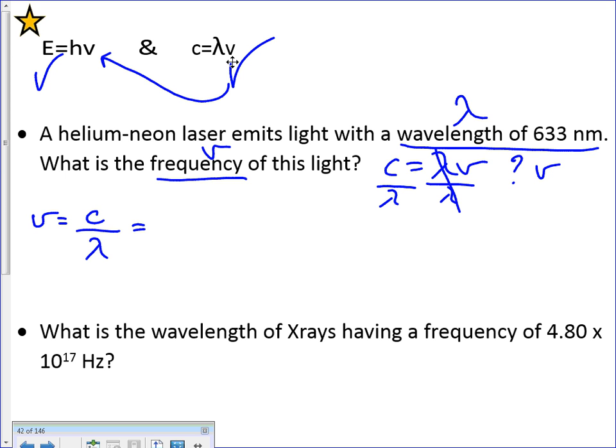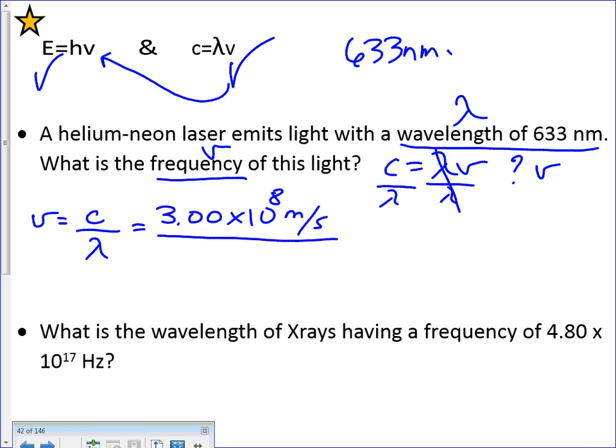What is c again? 3.00 times 10 to the 8th meters per second, over lambda. What's lambda? Yes, we need to change that to what? Meters. I'm going to do that up here. 633 nanometers. What was our conversion again?